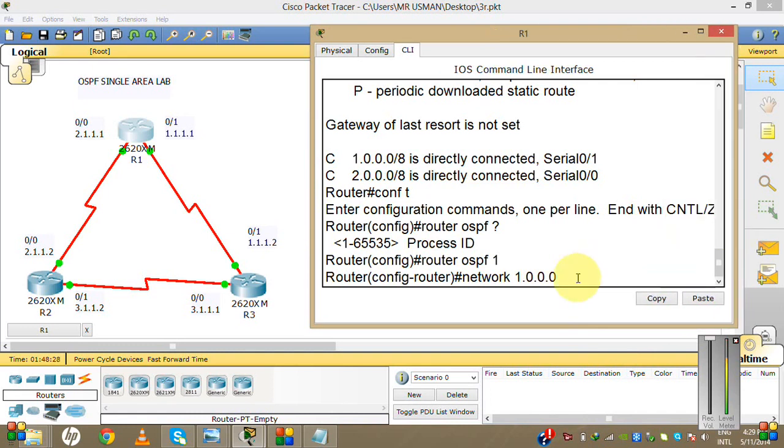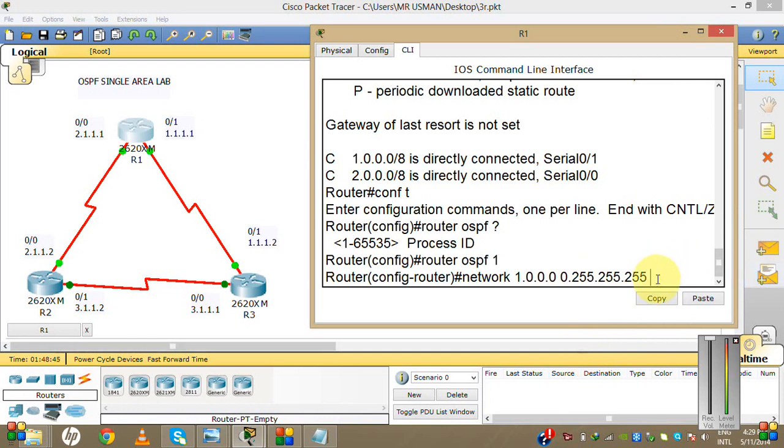I know the address belongs to class A, so class A has the wildcard mask 0.255.255.255, enter.